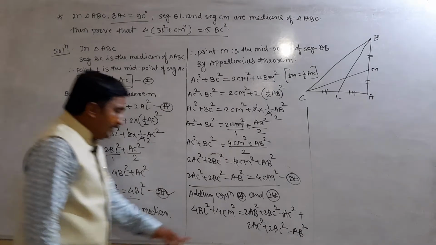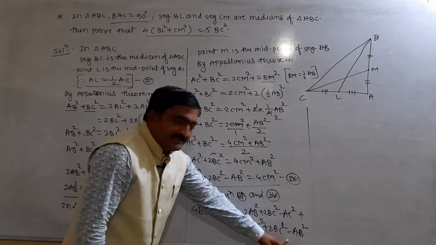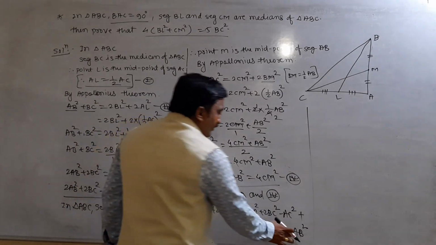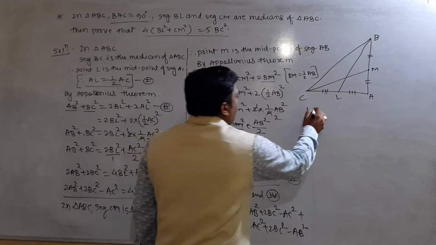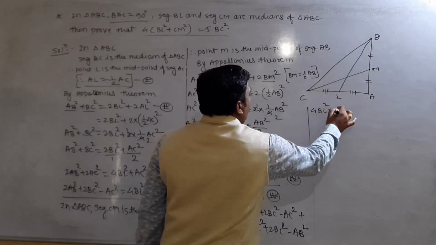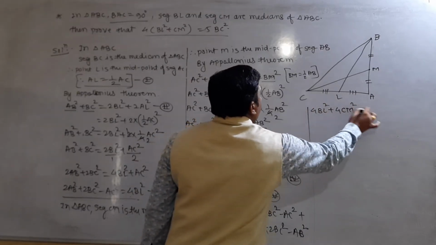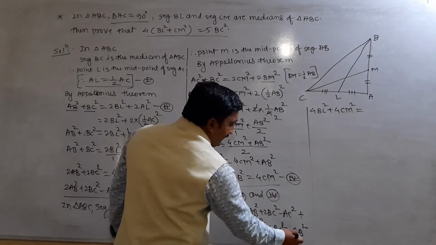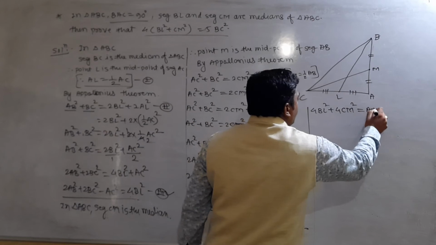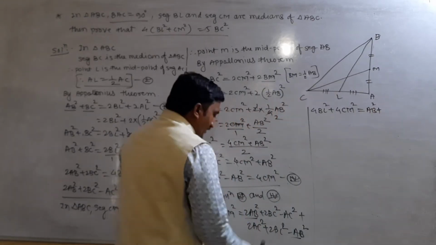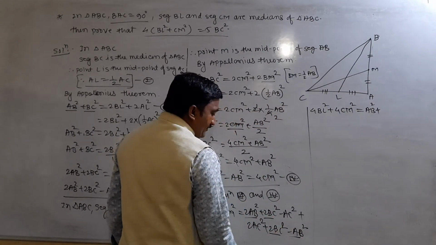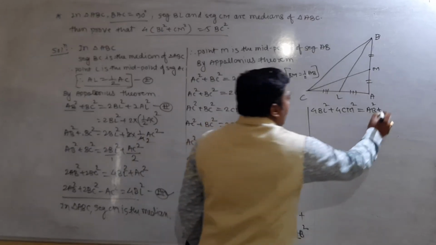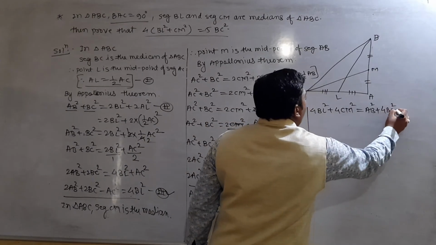So here 2AB square minus AB square. When AB square goes from 2AB square, what is left is AB square. Then from 2BC square and 2BC square we get 4BC square.